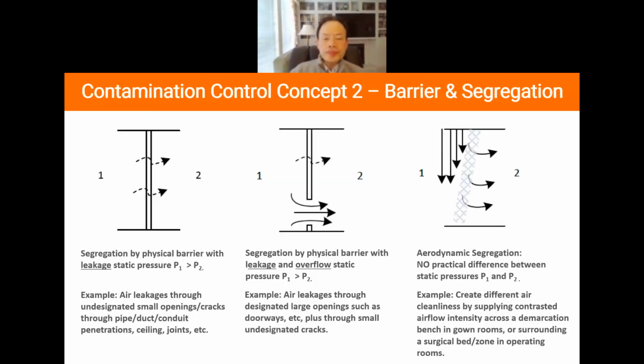The second concept is the physical barrier and airflow segregation. There are 3 concepts in this new standard. First is a physical barrier with leakage, static pressure P1 higher than P2. You have 2 rooms separated by a wall.